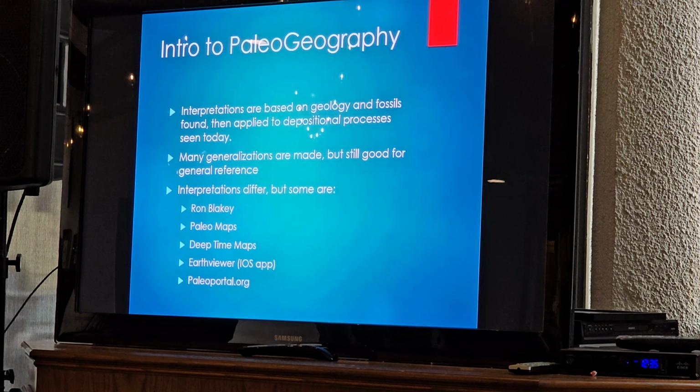If you want to use your app, Earth Viewer is a good app that you can look at. It'll show you where you are and how it's interpreted in the past. Another good app is Rockd, R-O-C-K-D. It also tells you about the geology under your feet, fossils, papers, formation name, what have you, but it also has a paleogeography interpretation as well that you can scroll through for fun.